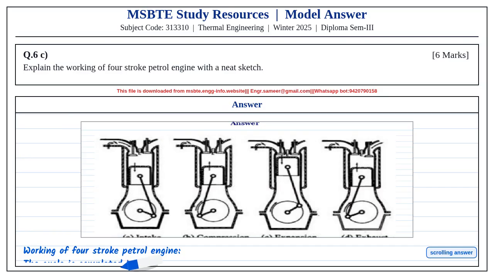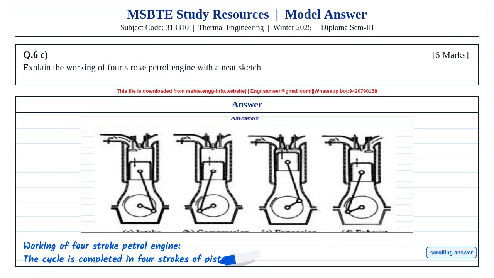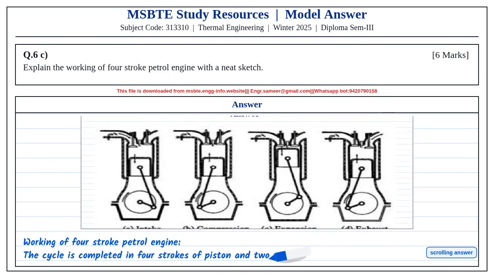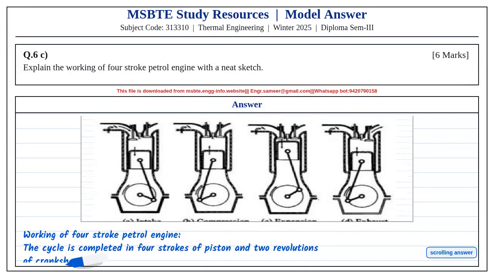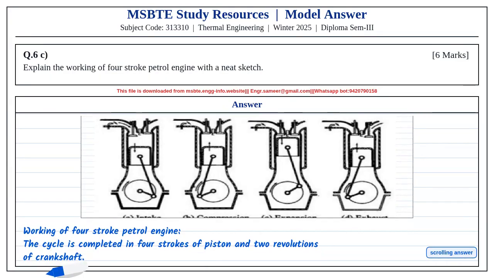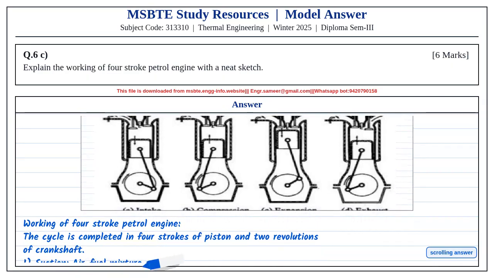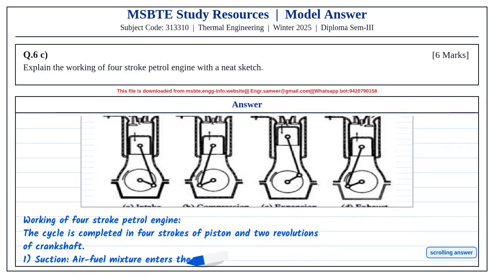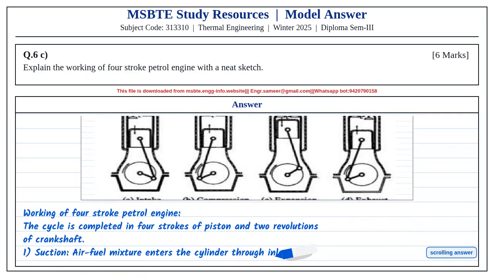Observe the 4 diagrams labeled suction, compression, expansion and exhaust. Also observe inlet valve, exhaust valve, spark plug, piston and crank motion. The important point is that one cycle is completed in 4 strokes and 2 revolutions of crankshaft.